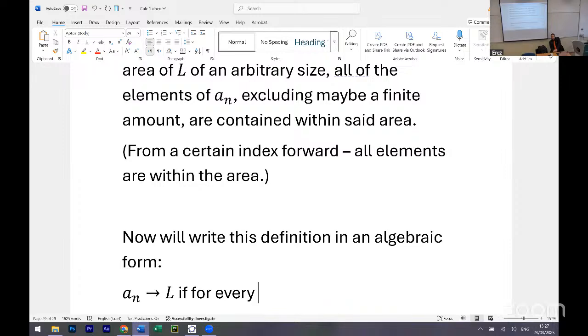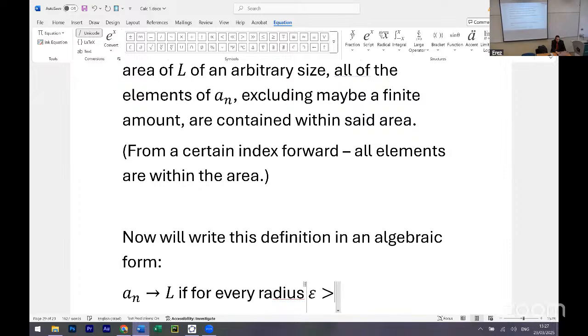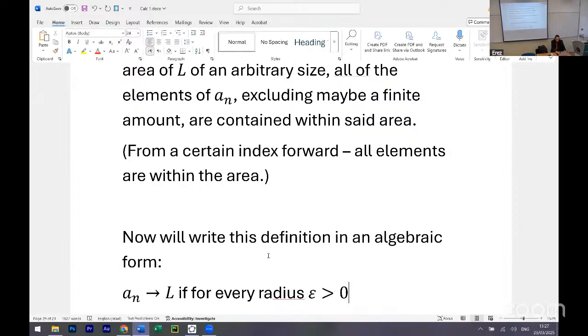Radius. The radius, right? So for every radius, and what is the name we chose for radii? Oh, no, sorry, it was in the example, but in general in calculus, what is the special letter? Epsilon. It could be D just as well. Okay. So for every radius, I wish to say that from a certain index forward, everything is within.